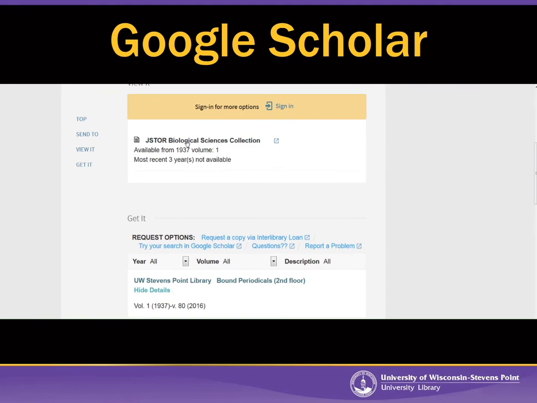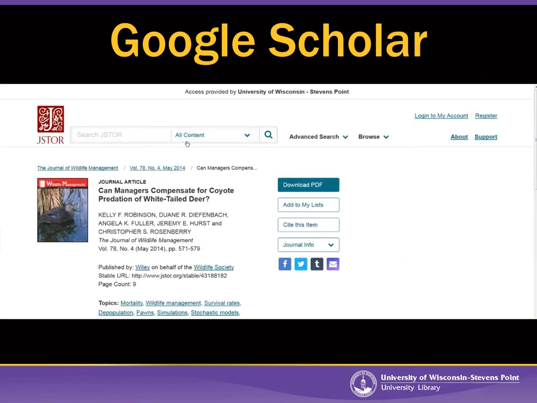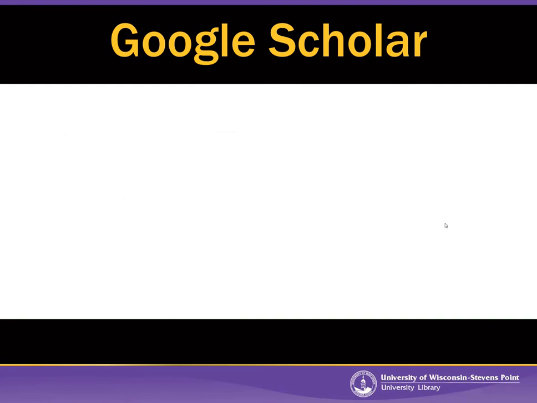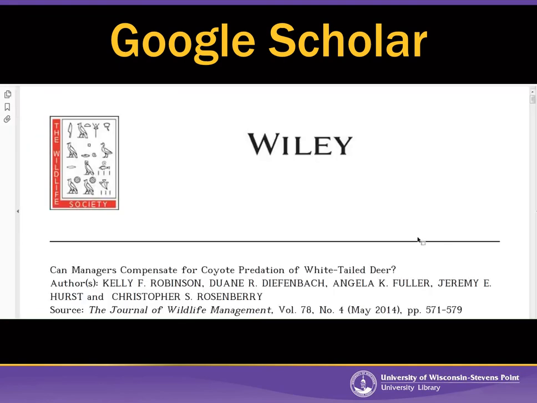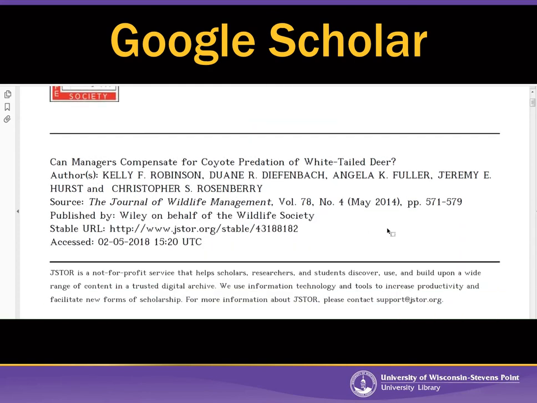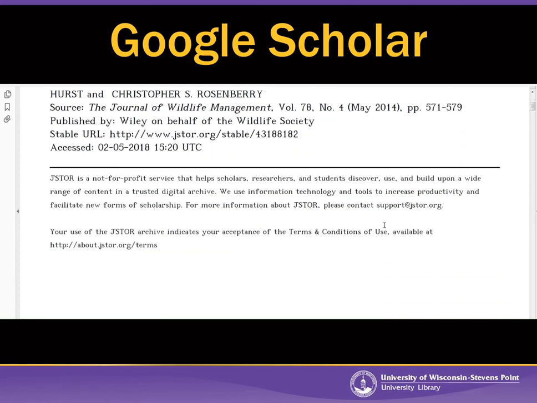So I'm going to click on the database where it's available, and there is the article, and I can download the PDF just like that. So when you're using Google Scholar, don't overlook the cited by link. It will lead you to newer sources on your topic.